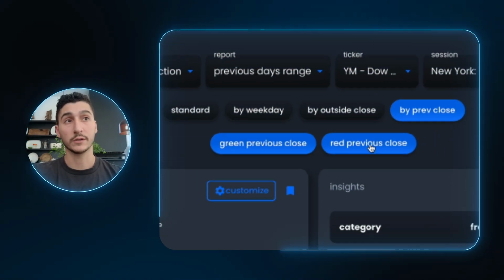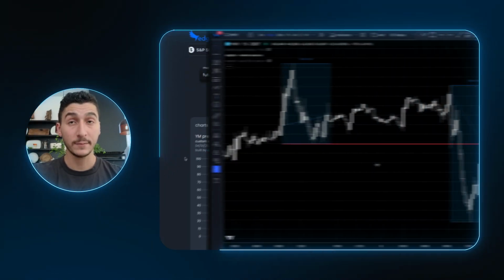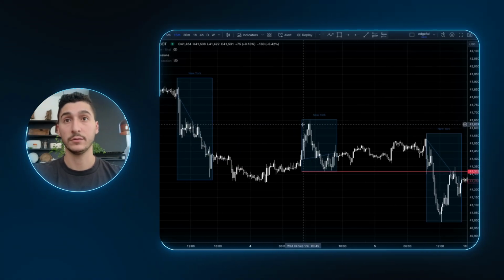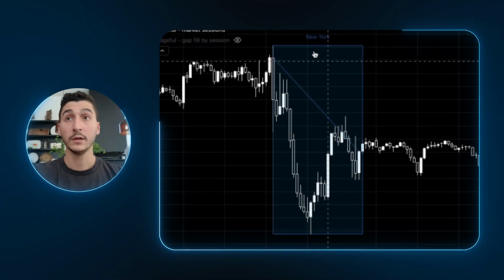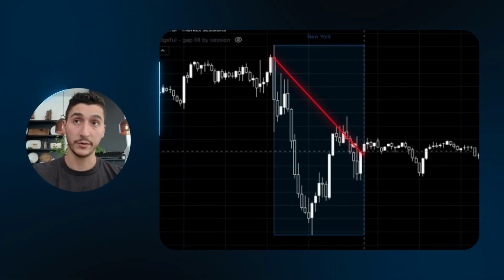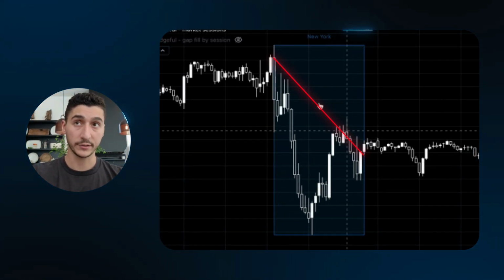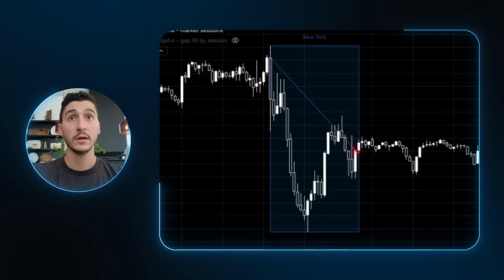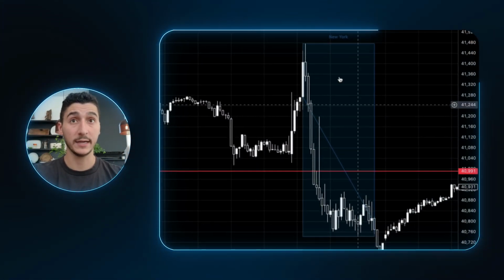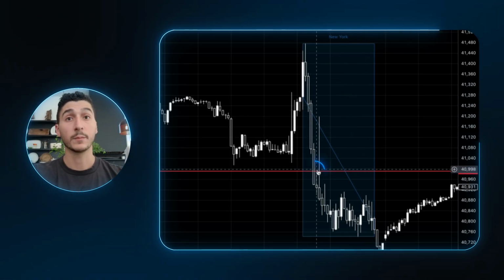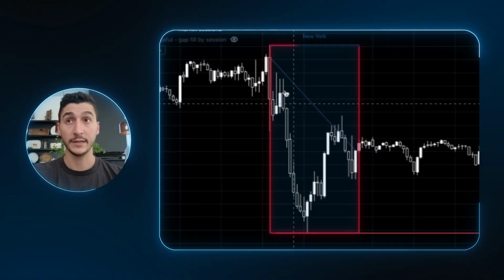Now if I switch over to the previous day red, right here is a good example. So this would be the previous day. This was clearly red right here because price closed lower than it opened. And you can see this is previous day's low. You can see price today, this would be today, broke the previous day's low, and this is a red previous day.